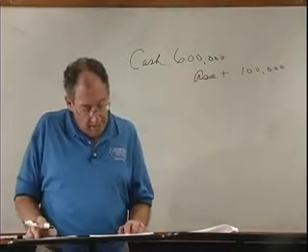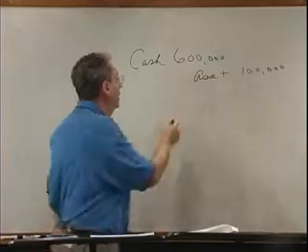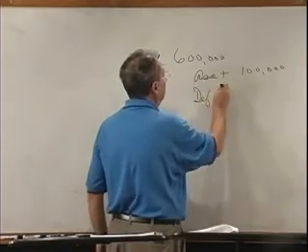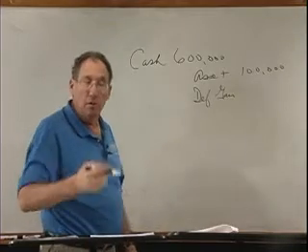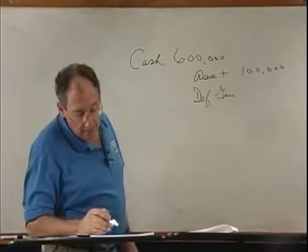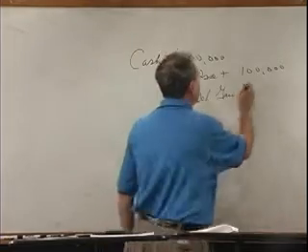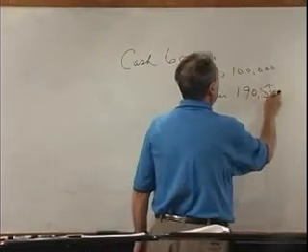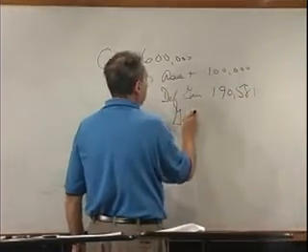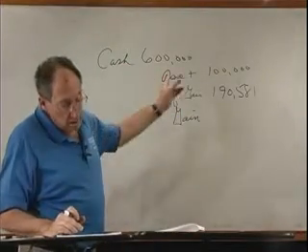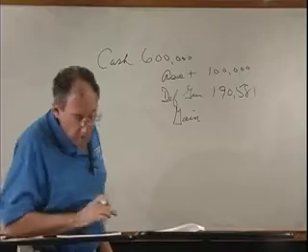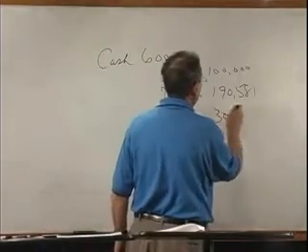Then they will credit deferred gain, which is a liability, remember? And that gets amortized as revenue over the life of the lease. That would be $190,581. And they'd credit gain, the amount of gain that goes on their income statement this year, to make this balance: $309,419.